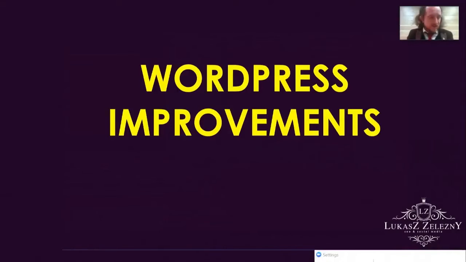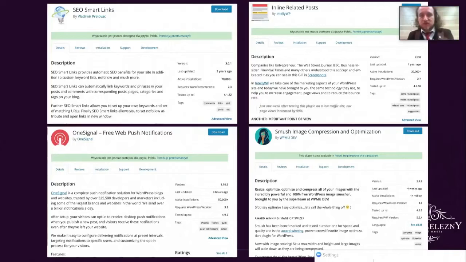At the end, the last slide, because I have probably less than 120 seconds: WordPress improvement. I just wanted to share with you 4 plugins that I always recommend using. SEO Smart Links, which allows you to link pages to each other. The other one is Inline Related Posts, which increases engagement because it adds this little in-context link to another article.